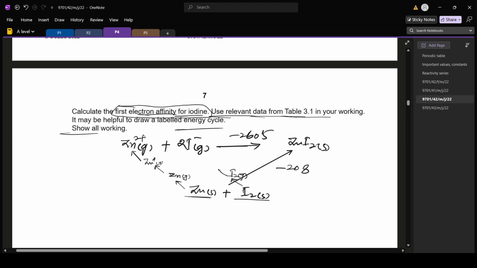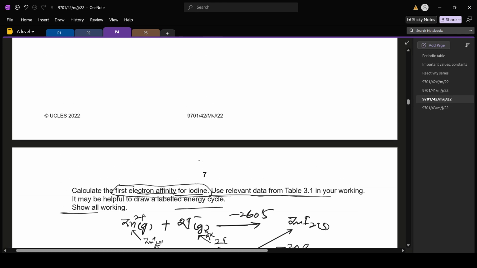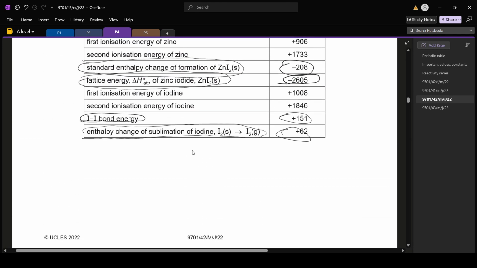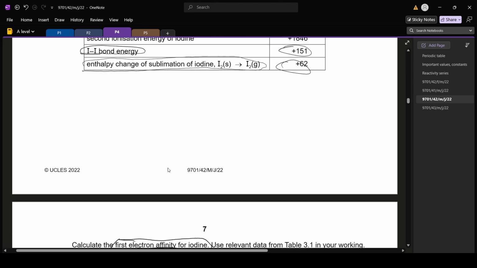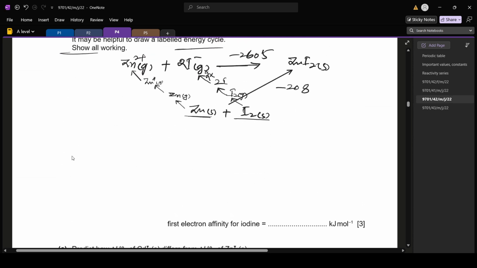So this will form 2I. Then there is the first electron affinity of iodine, which you have to calculate. I'm writing this as X, and this will be 2X because two iodide ions are formed from two iodines. So now this cycle is ready. We just have to put these values here.